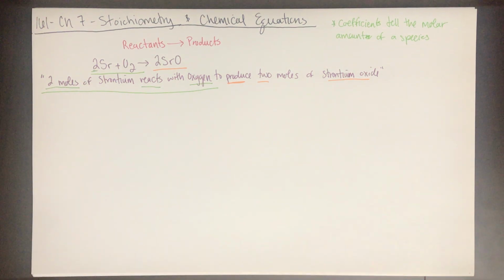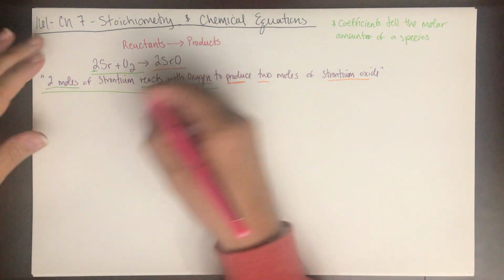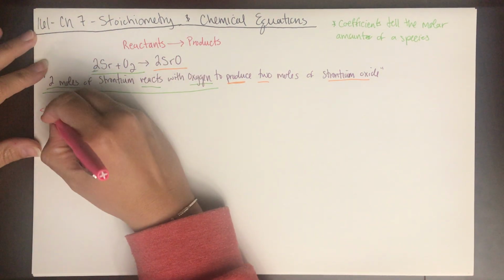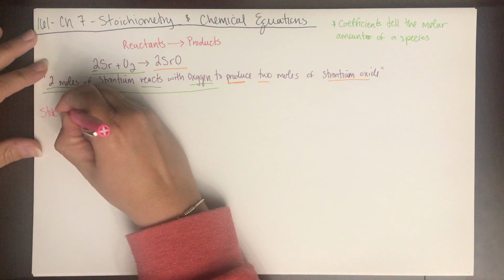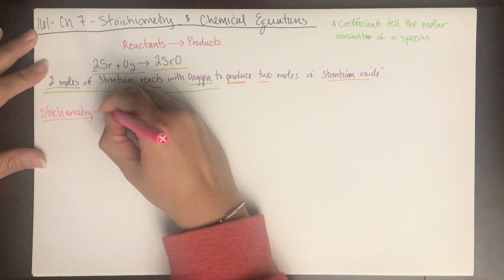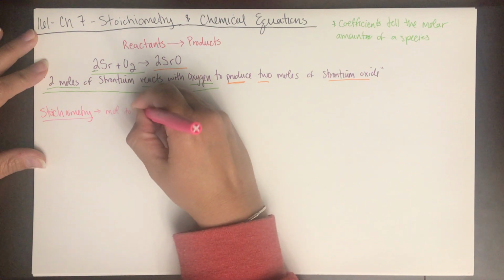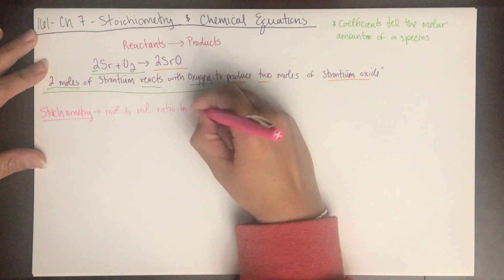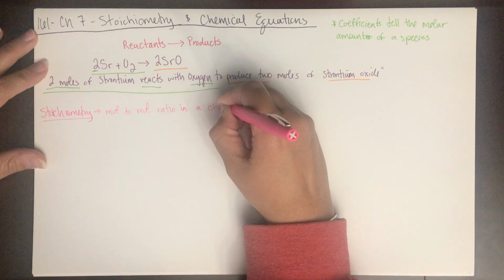Stoichiometry is the mole to mole ratio in a chemical equation.